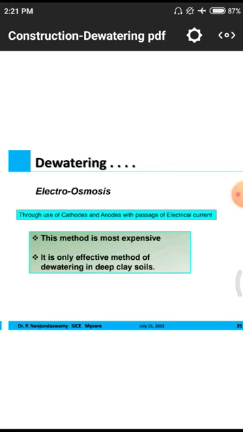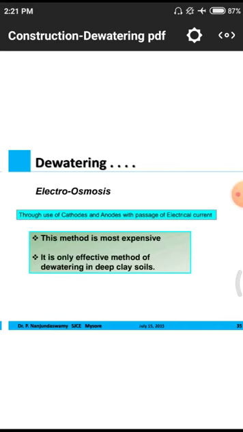By using those electrical and chemical principles, we remove the water present in the soil. We have to know what equipment is employed in this dewatering technique: thorough use of cathodes and anodes with passage of electric current.